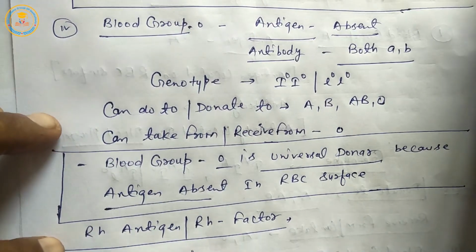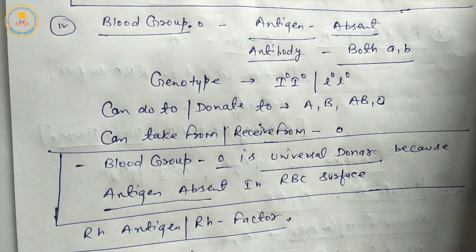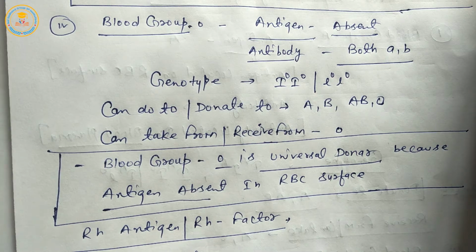It means humans have antigen A, B and another antigen, RH. Once again, humans have antigen A, B and other antigen RH.